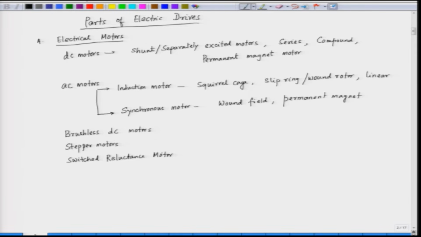These are used for space applications, because the rotor weight is very light, we have very little inertia, and this can be accelerated and decelerated quite easily. So, these are the classification of electric motors.